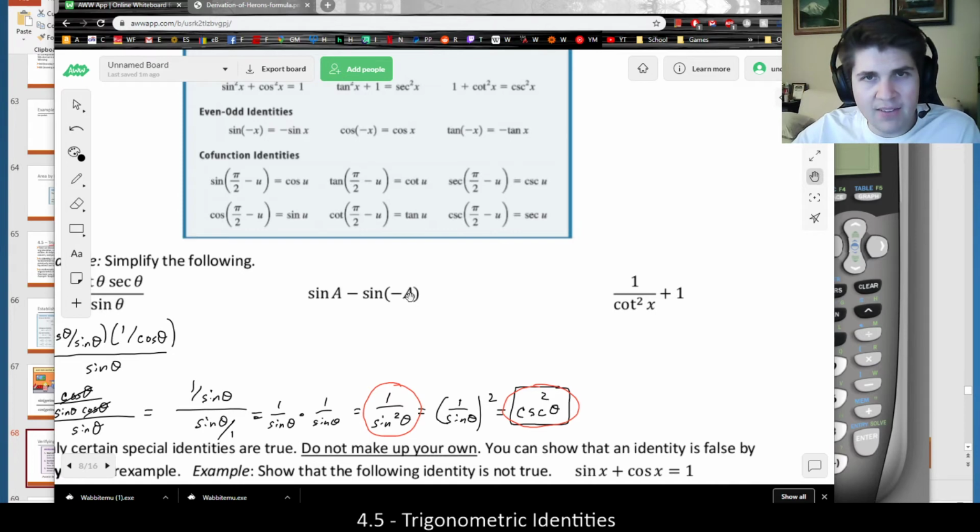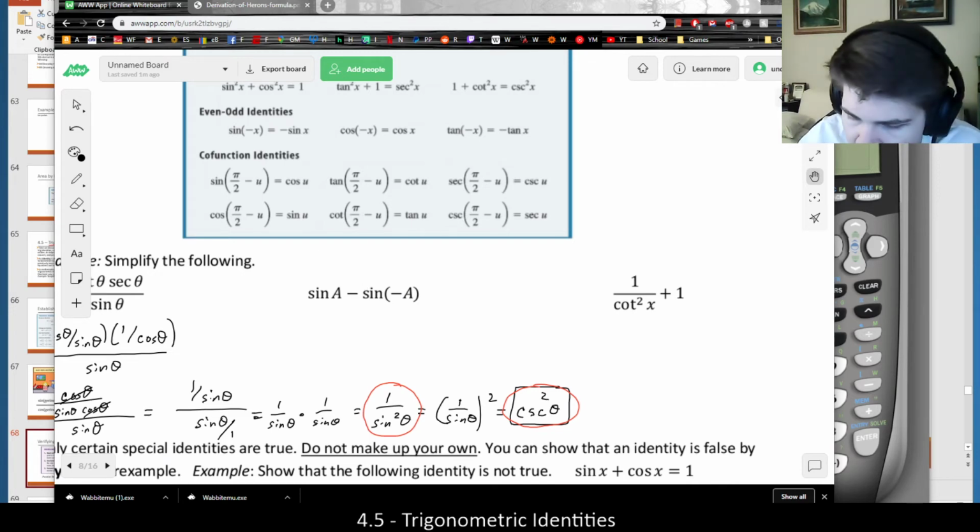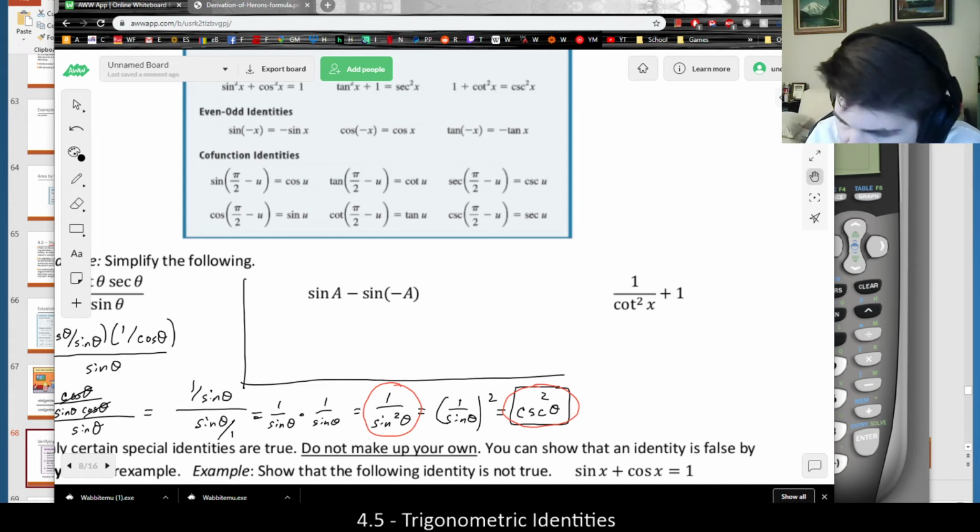So like, say I have a negative here and I want to know how to deal with it. I could basically pull that negative out here instead. That should be fine. So in the case of this question, well, sine of A minus the negative would pull out front. It would be minus a negative sine A by the odd identity for sine.